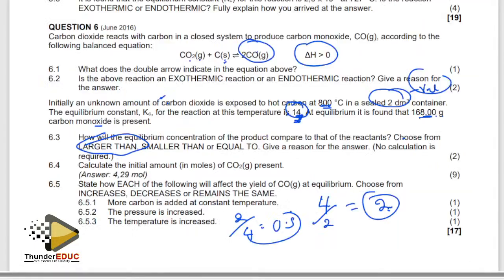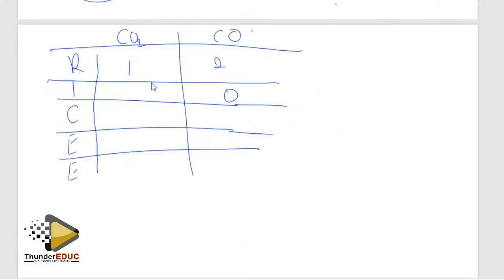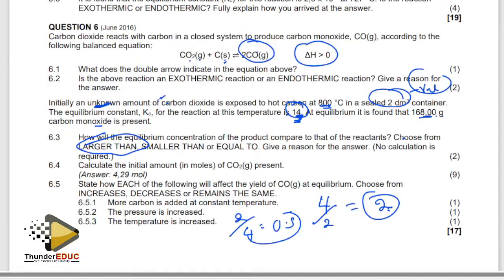What about carbon dioxide? Did they tell us the initial? Unknown. They said an unknown amount of carbon dioxide. So, since it's unknown, let me call it X. I like to use X, or you can use Y, whatever. Now you see, they did hide the initial mole. That's the first instance. So, if it is hidden, then now look at this.